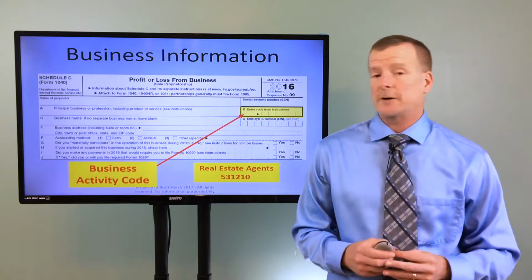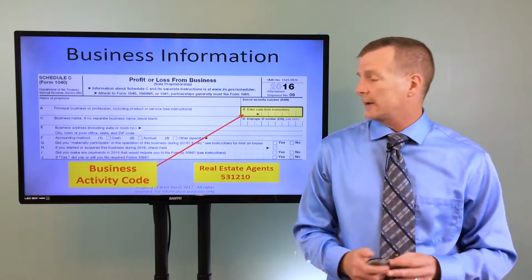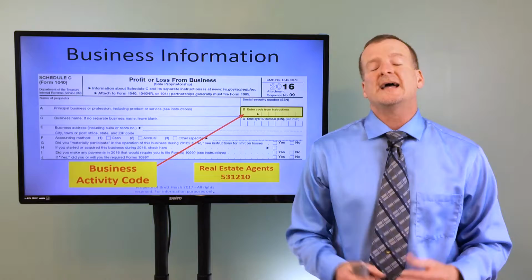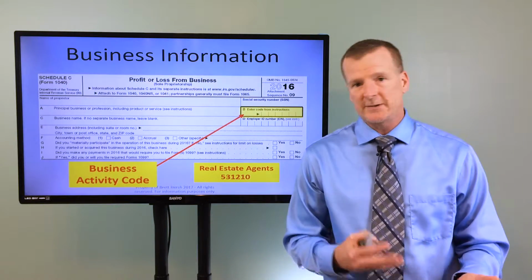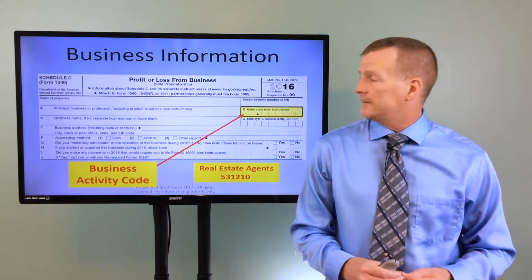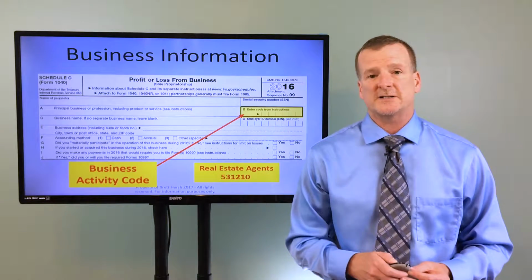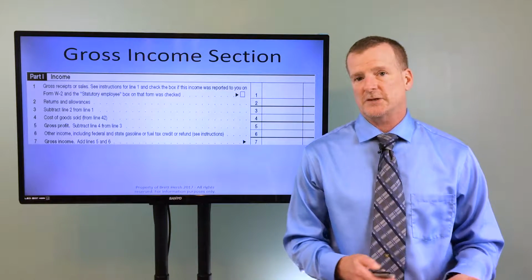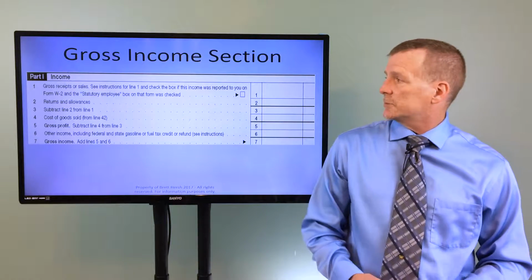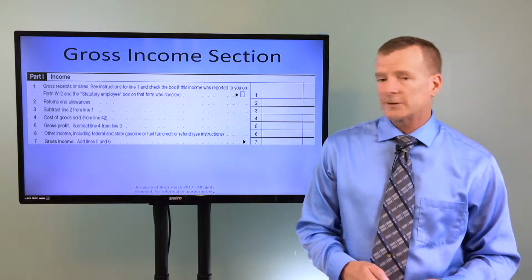This is one of the things they call red flags. Any number that's completely out of whack with what they feel is going to be in there can potentially lead to some interaction with the IRS. Now, of course, randomly you can always be selected for audit, but the business code really informs the IRS of what type of business you are and what they should anticipate to see on that return for your type of business.